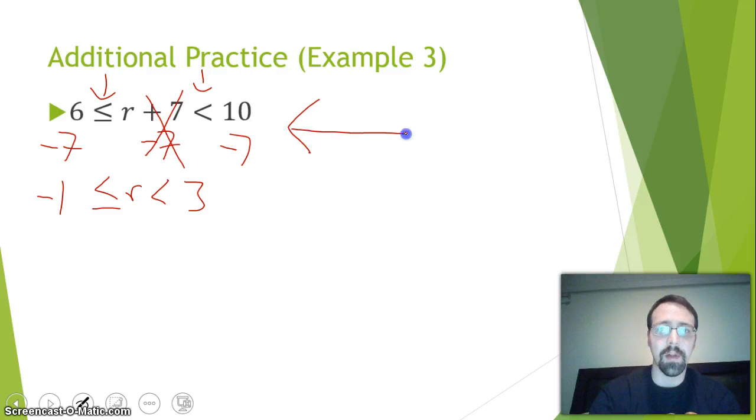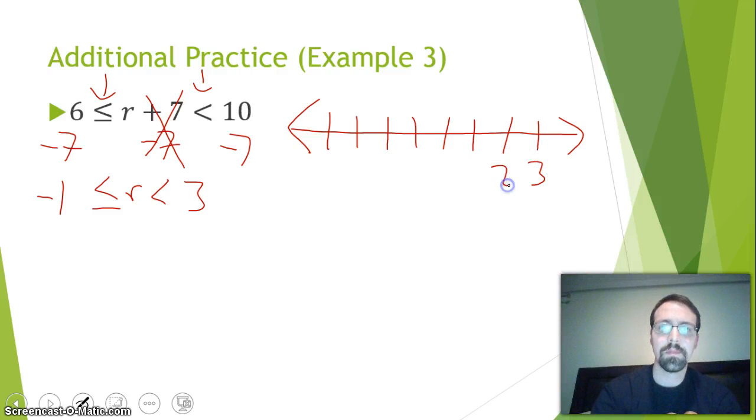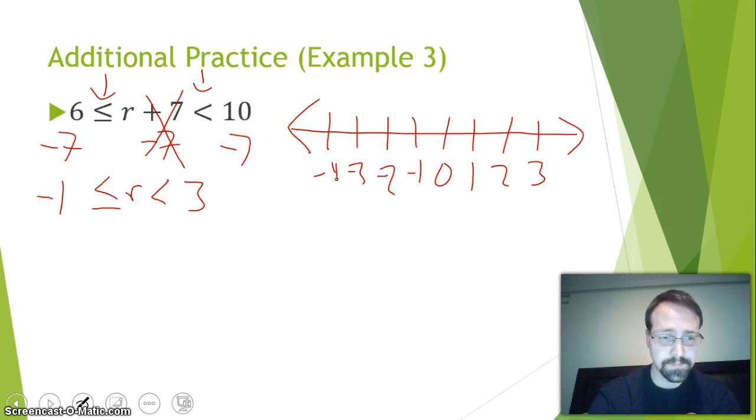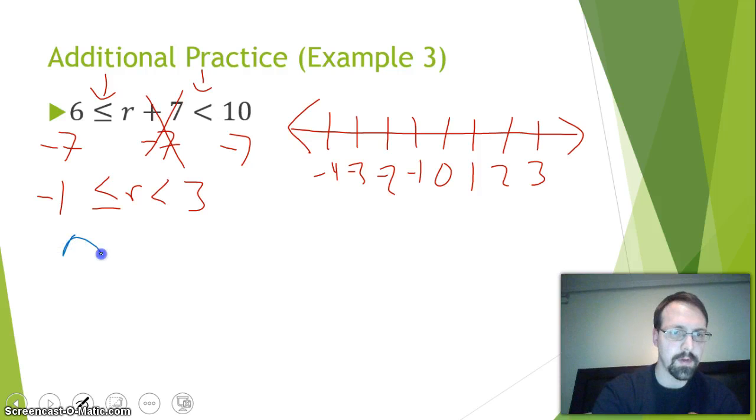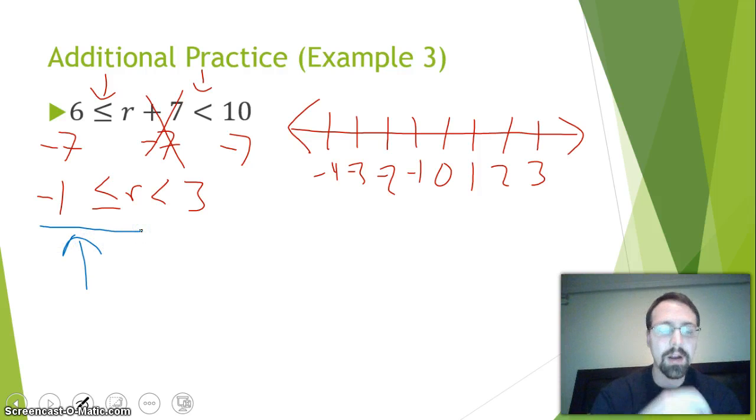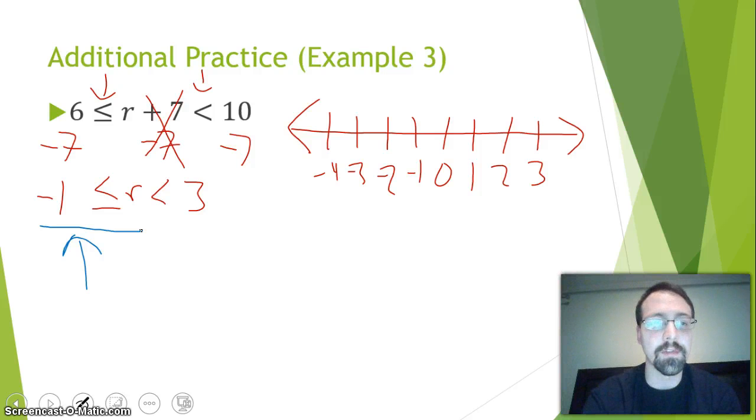So if I draw my number line, and I'm going to go ahead and do blue for over here. So if I graph this part, I'm saying -1 is less than or equal to r, so r is greater than or equal to -1.